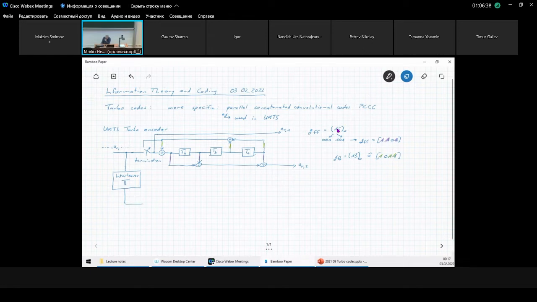Also here we have the termination switch and feedback. Basically the same, and we have here the addition and the output, giving us the second output, same as above.